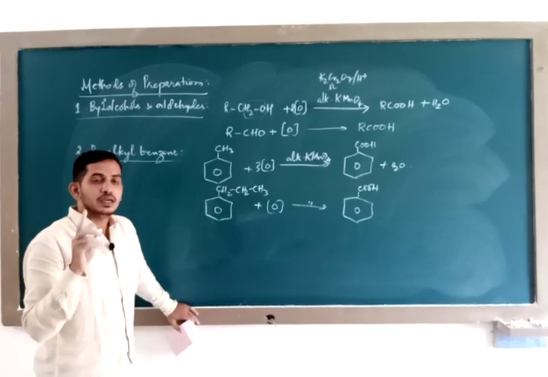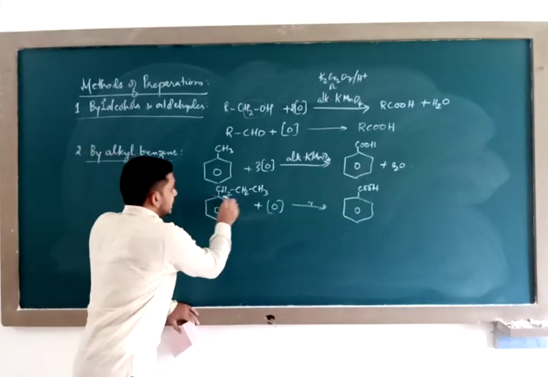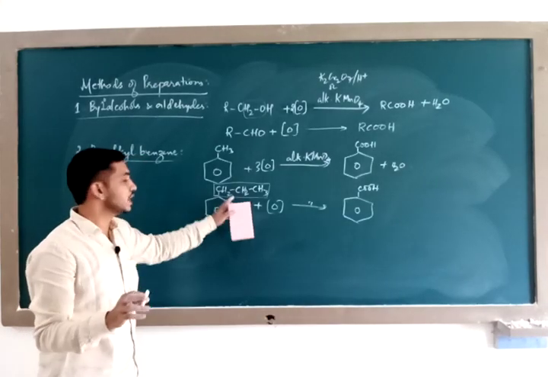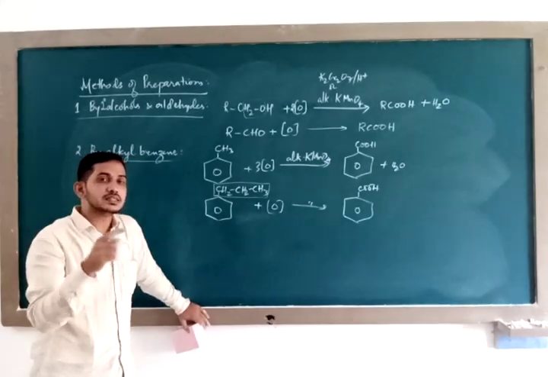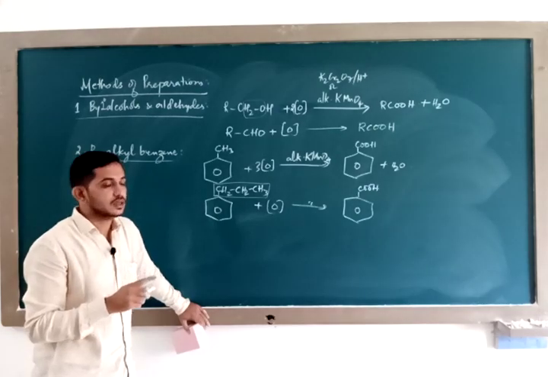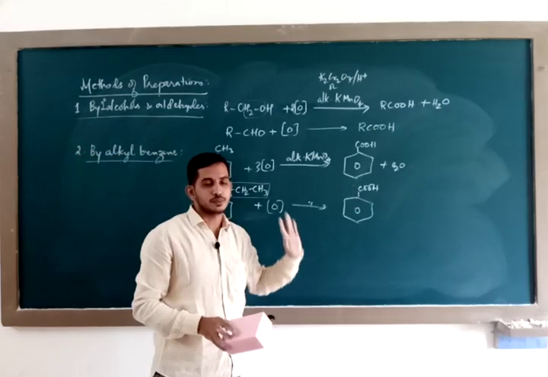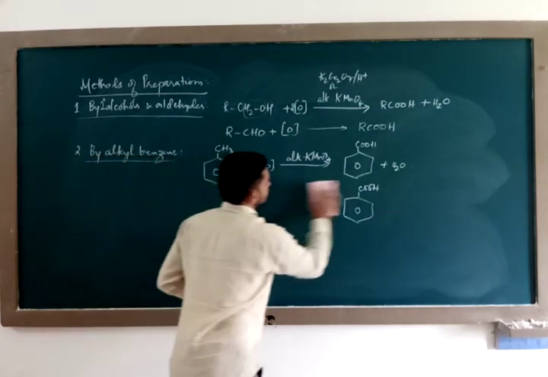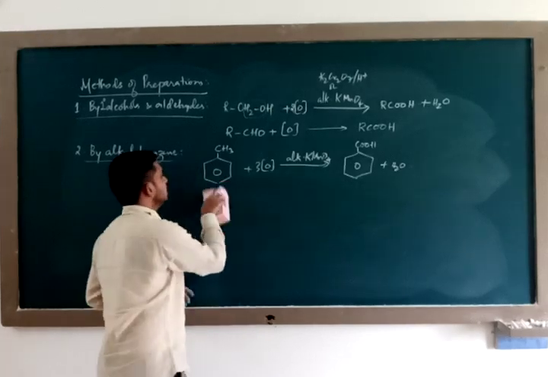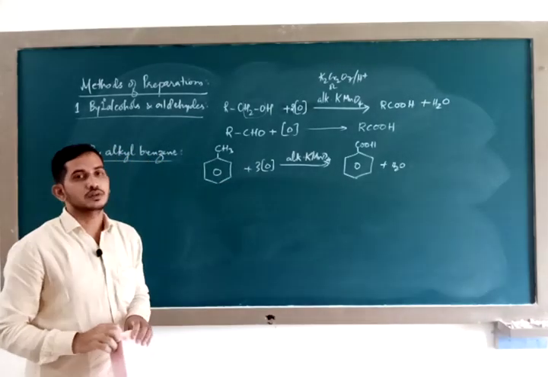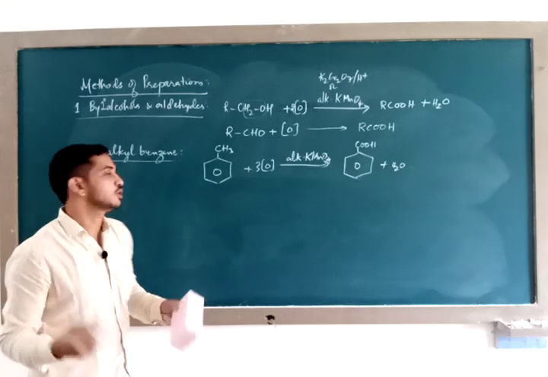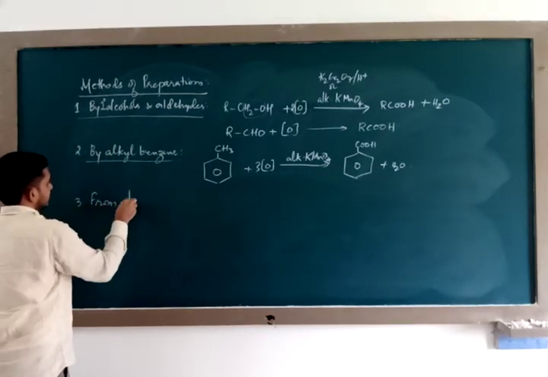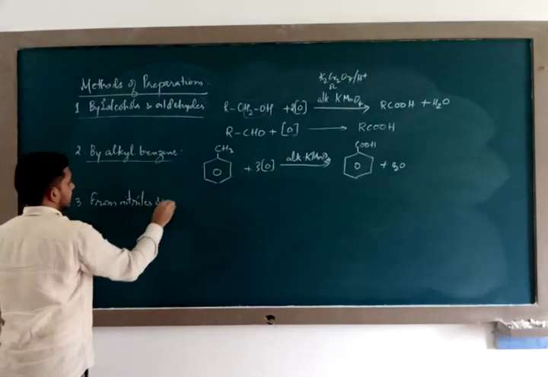Always remember, in this reaction, the entire side chain, irrespective of its length, it can be a 3 carbon chain or a 10 carbon chain, the entire side chain irrespective of its length gets oxidized to a carboxyl group. Is that clear? Okay. Then this is the second method, wherein alkyl benzenes can be oxidized to give you carboxylic acids. Then we have the third method, from nitriles and amides.